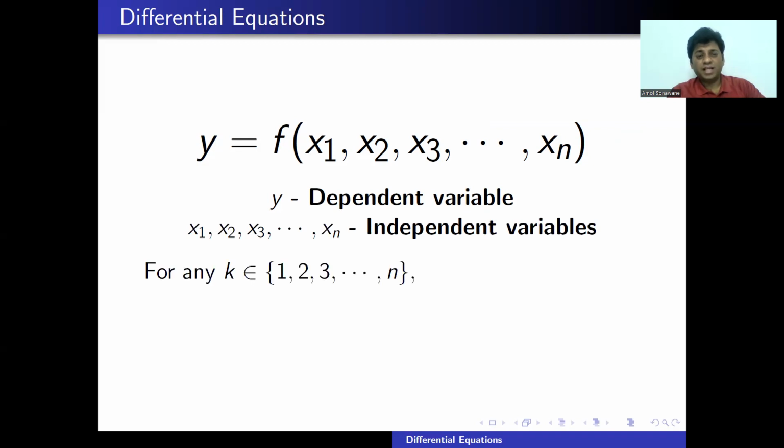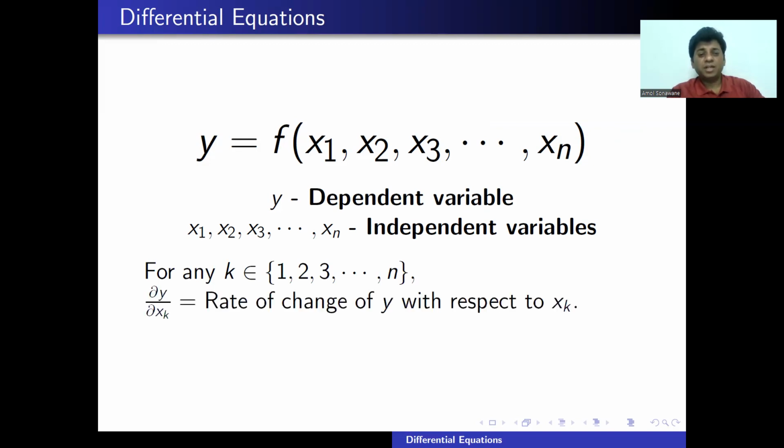So for any k from 1, 2, 3 up to n, we can find the derivative of y with respect to variable xk. That is nothing but the rate of change of y with respect to variable xk. Now we have seen that the dependent variable may depend on a single independent variable or more independent variables.